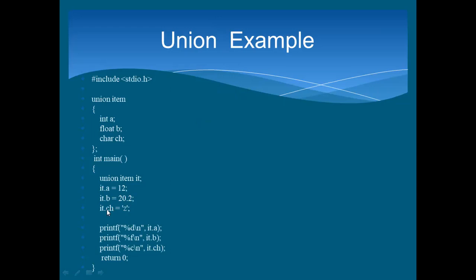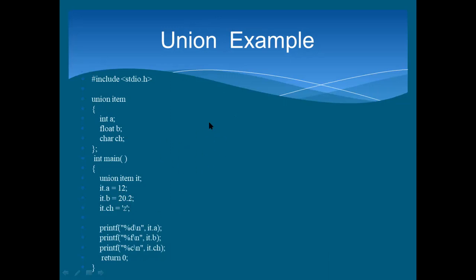Next, we write the union variable dot member name ch equal to z. Previously this memory location stored the value 20.2. Now the previous data is erased and the new data, small z, is placed in this memory location.